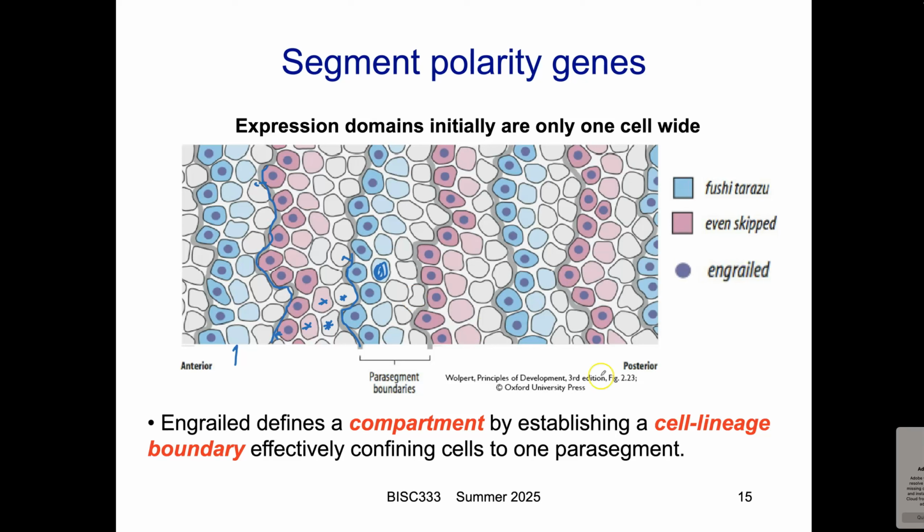That's referred to as a cell lineage boundary, because the cell you marked and all its descendants, which will have the same mark, all stay inside these parasegments.